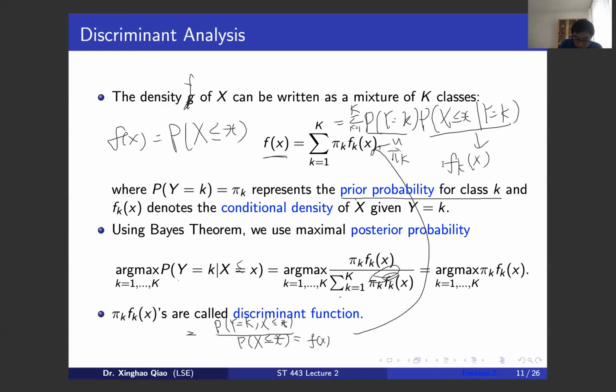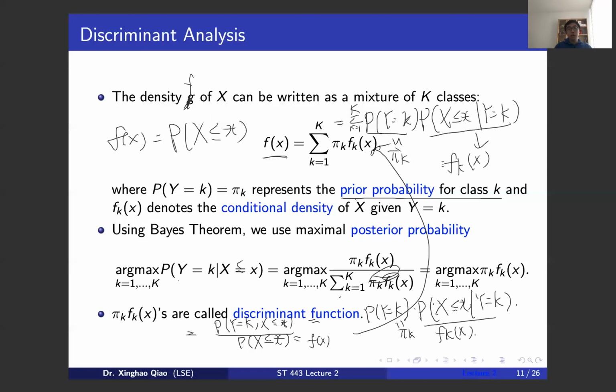For the top part, we can get a further representation: the probability that Y belongs to the k-th class multiplied by the conditional probability that capital X is smaller or equal to small x, conditional that Y belongs to the k-th class. The first part is pi k, and the second part is just f k of x.